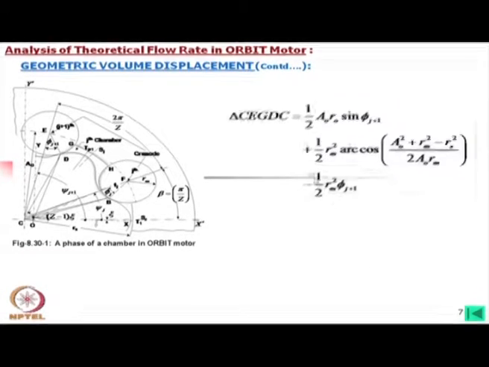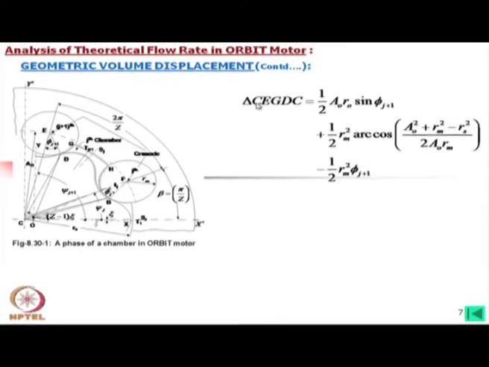Next, we consider the area C E G D C, C E D G and C. That means we are getting this area.